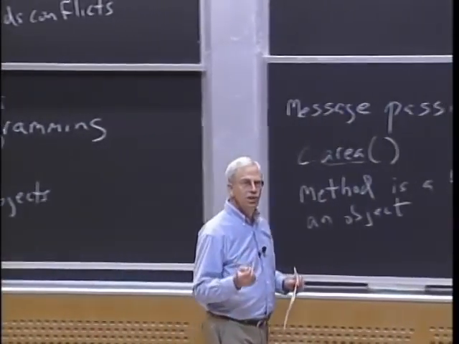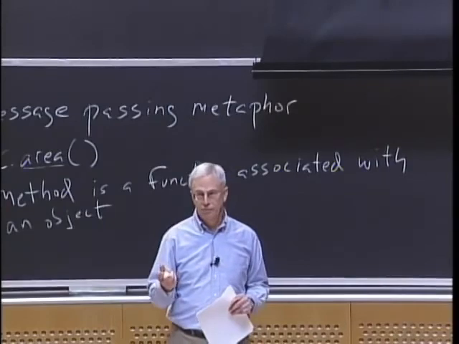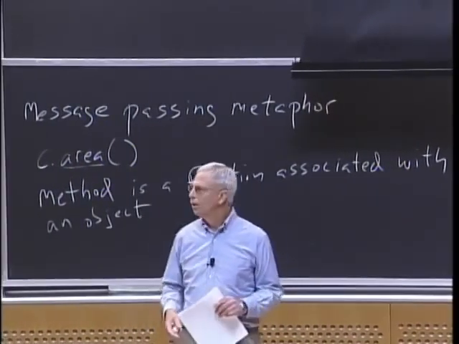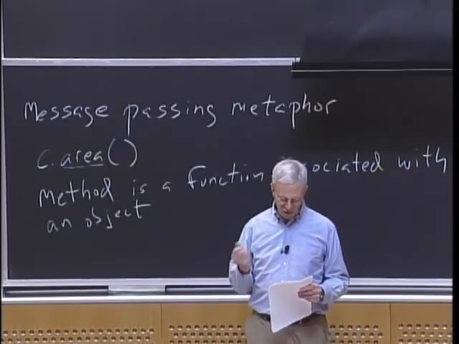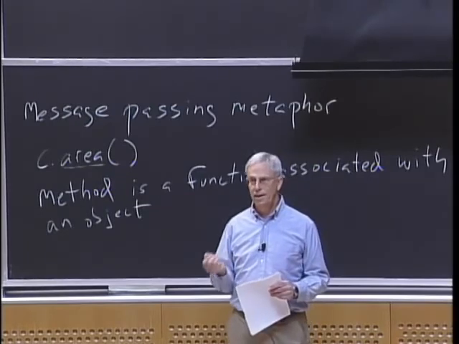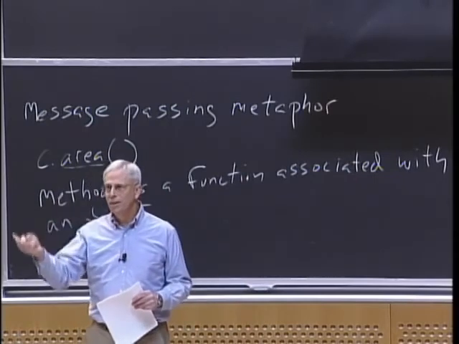Now, just as data can have types, objects, as we know, have types. A class is a collection of objects with identical characteristics that form a type.